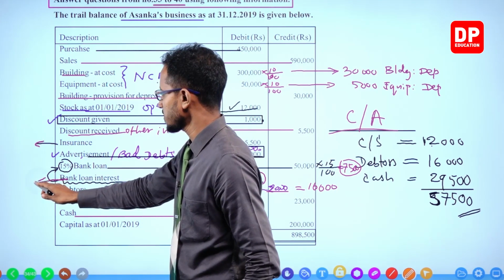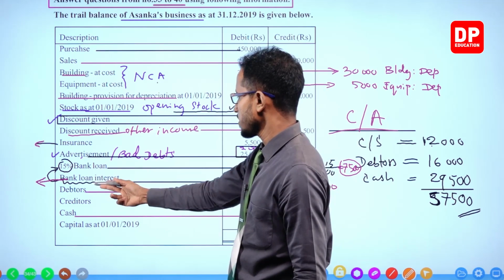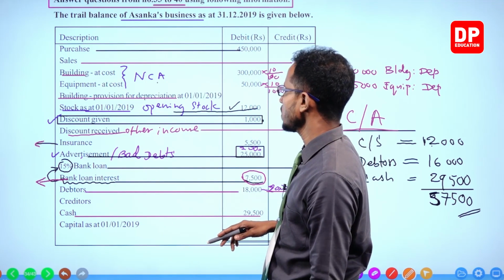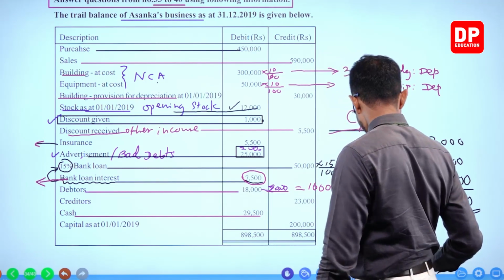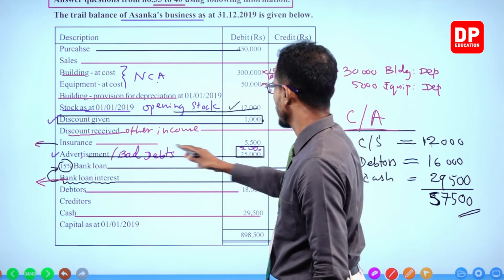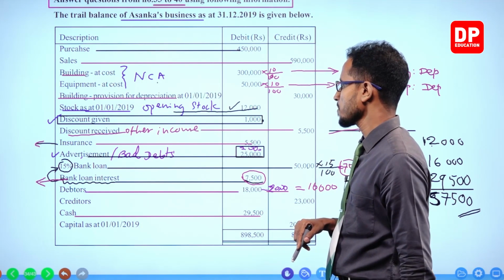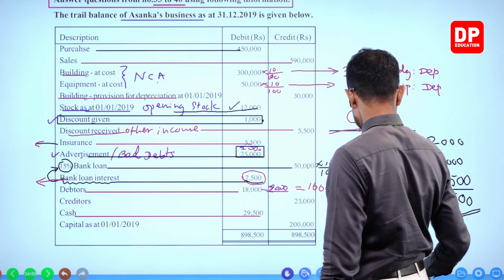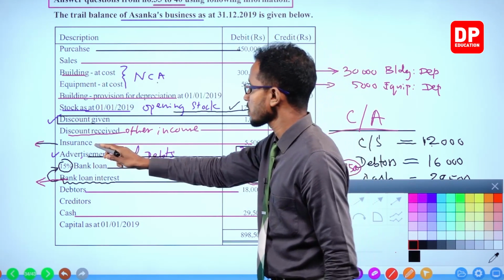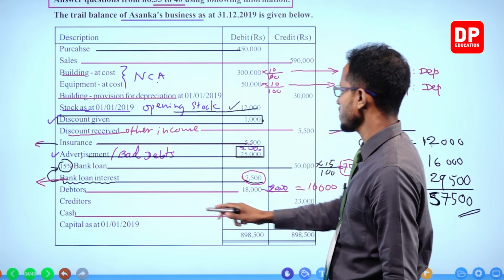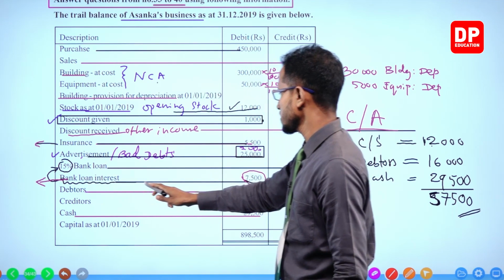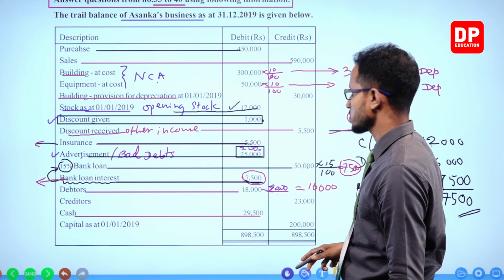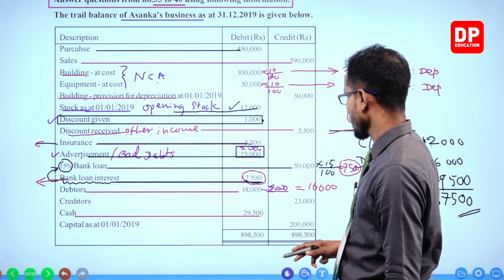Take this, bank loan interest, debtors, creditors, cash, capital. That's it. Insurance is 5,500. Bank loan interest is 7,500. So it becomes 13,000.